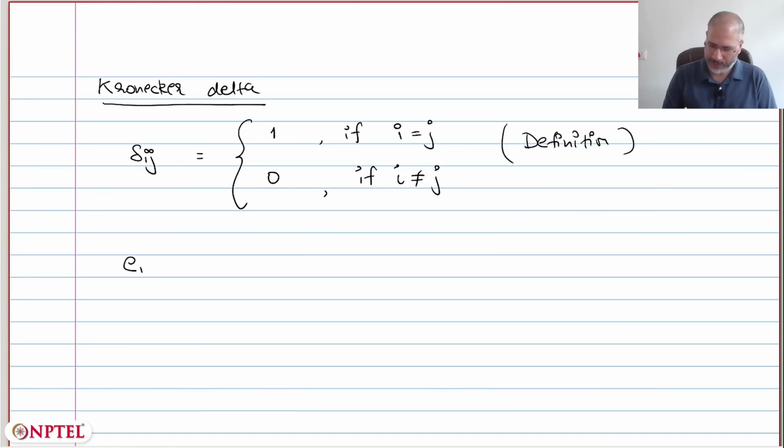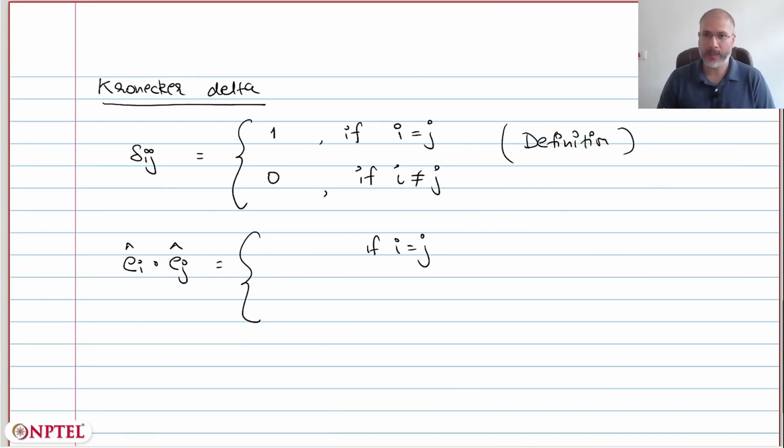If I write ei dot ej, where ei is a unit vector in the i direction, this is equal to, not by definition but by the nature of the unit vectors, the following.